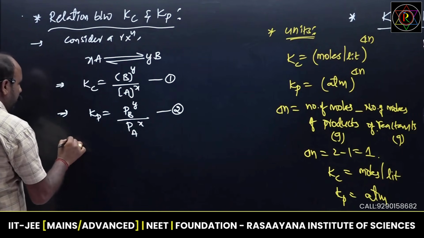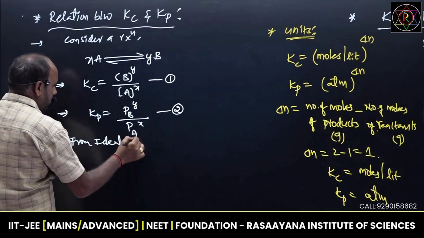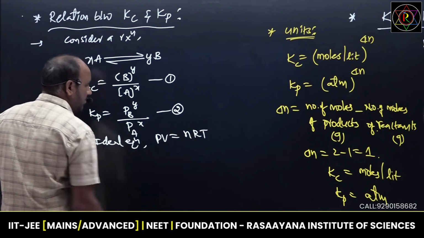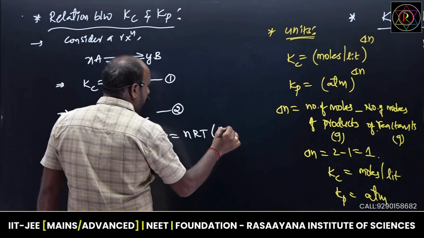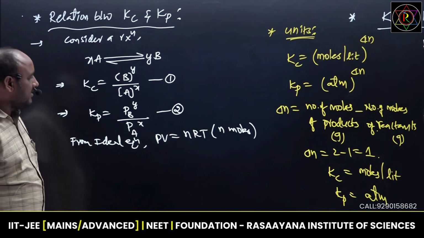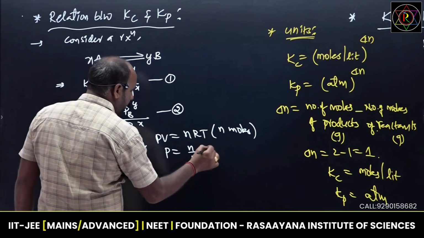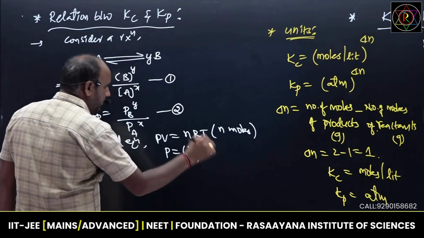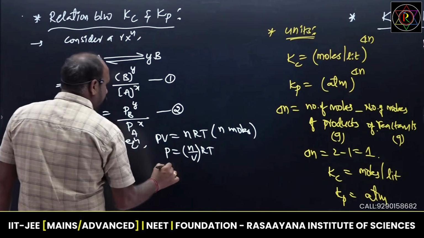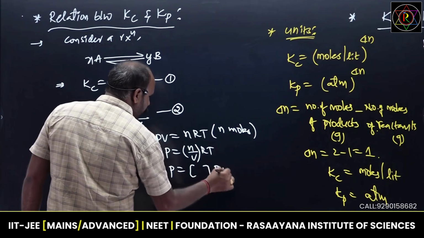But from the ideal gas equation, PV is equal to nRT for n moles of gas. So then P is equal to n by V into RT. This n by V we know is the active mass or concentration, which is expressed with square brackets, into RT.